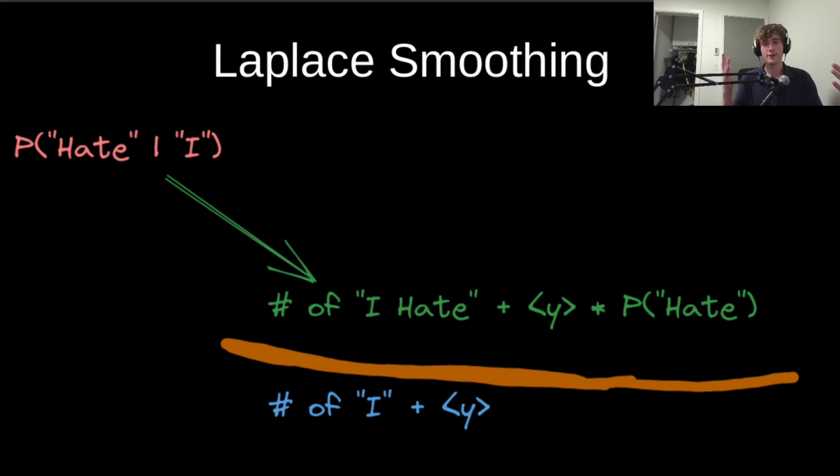After all, I love the machines. I would never say anything mean about them. I know which side I'm betting on. I can then add our small constant y to the count of I hate, and then divide that by the total number of I's that appear in the model plus our small constant yet again, and Laplace smooth out that specific sequence.